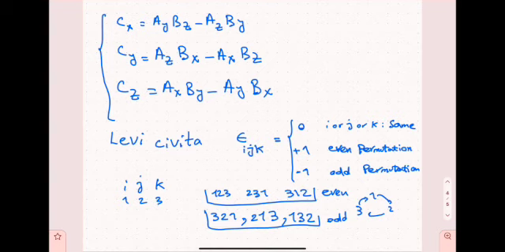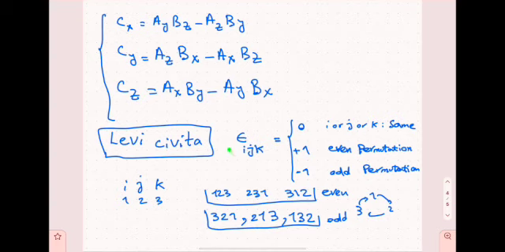And so what is this Levi-Civita symbol? Basically, it's saying that if you have this epsilon with this i, j, k, and any two of these are the same, so for example, the epsilon of 1, 1, 2 is 0. Why?